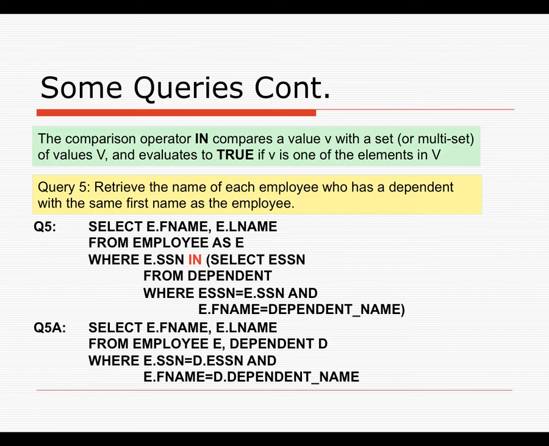Or more simplified, employee first name, employee last name from employee E and dependent D, where the first name and last name are equal.